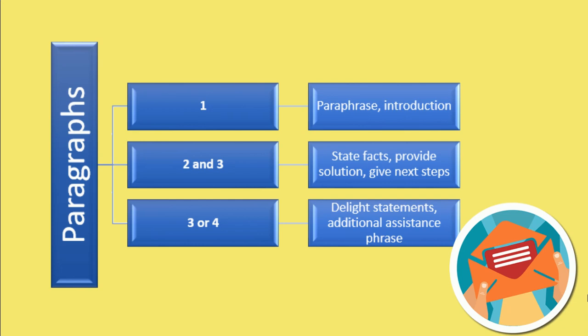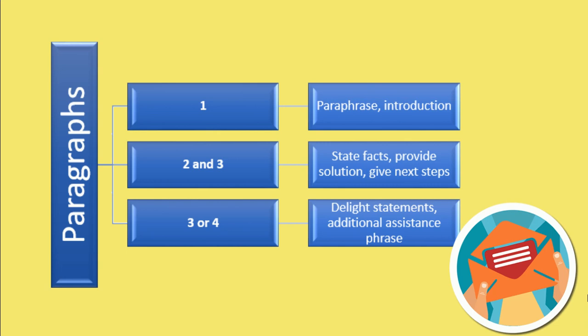For example, you can start by saying, this email is with regards to your feedback about so and so, or I am writing with reference to your advertisement or job posting, and so on. In the second and the third paragraph, you may state facts, provide a solution, give next steps, or write in detail about the main content of your email.